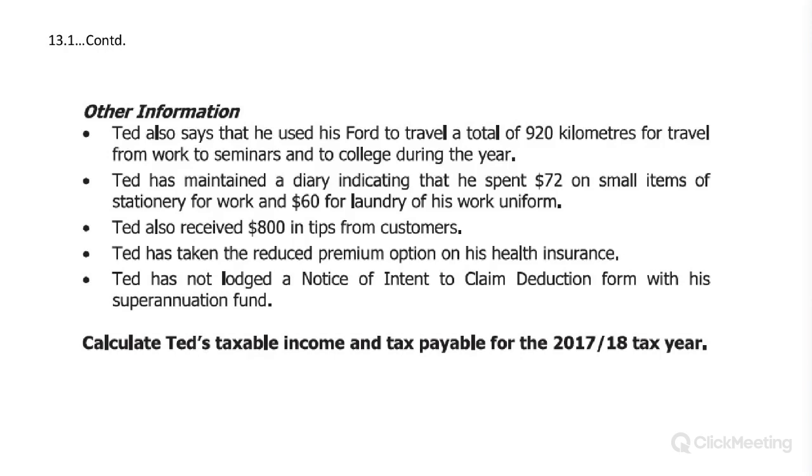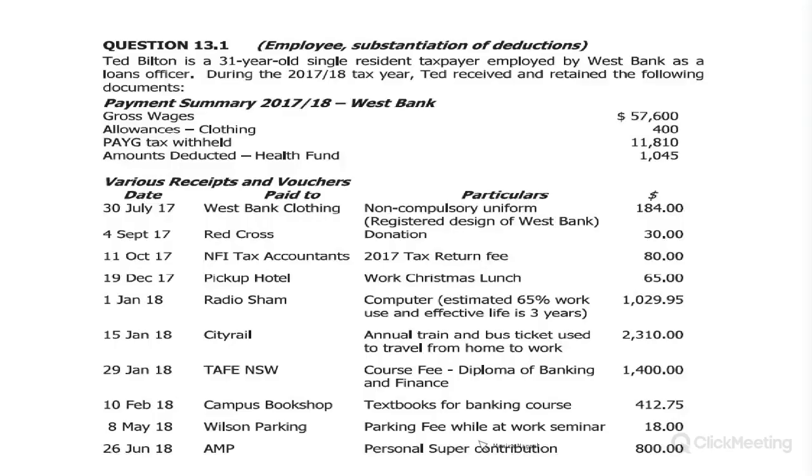So we are required to calculate TED's taxable income and tax payable for the year 2017-18. In this question, you're required to take into account a number of things. So whatever you have learned about deductions, assessable income, any allowances you can take, any low income tax offset, Medicare levy, all those things will be taken into account.